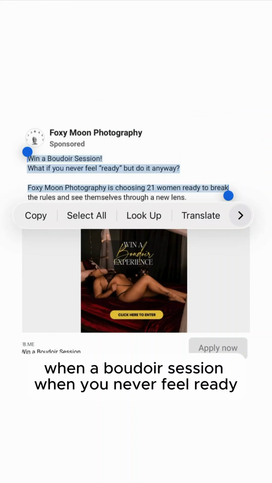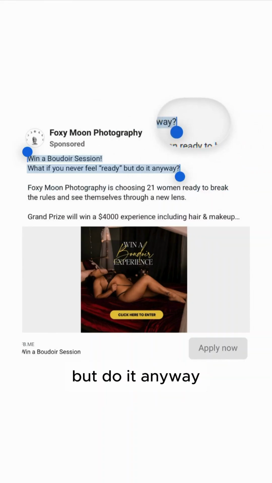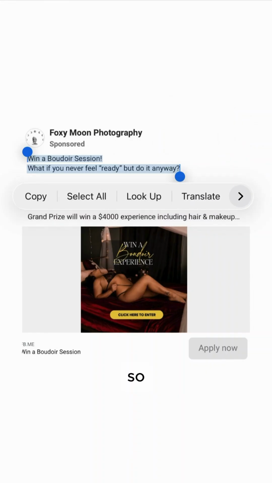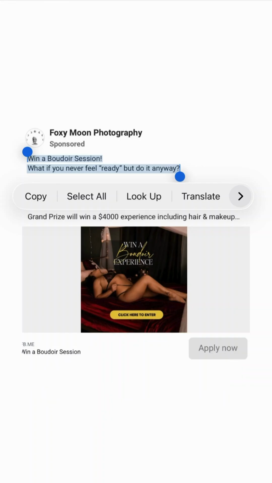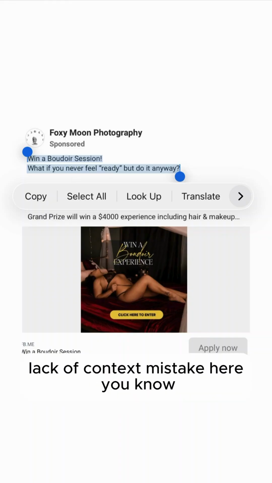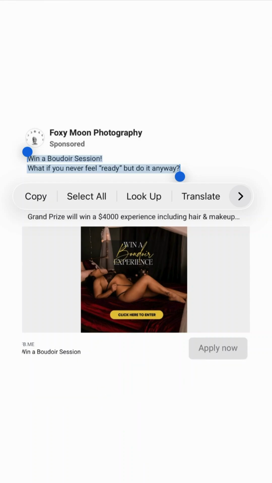In a boudoir session when you never feel ready, but do it anyway. So, looking at the see more headline here, first 2 3/4 lines, Facebook newsfeed mobile. When a boudoir session, or if you never feel ready, but do it anyway. All right, yeah, lack of context mistake here. Most common thing that I'm seeing the most of.